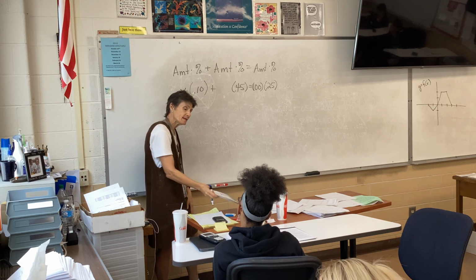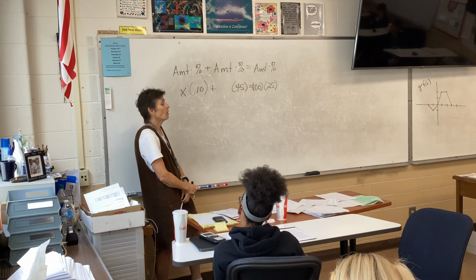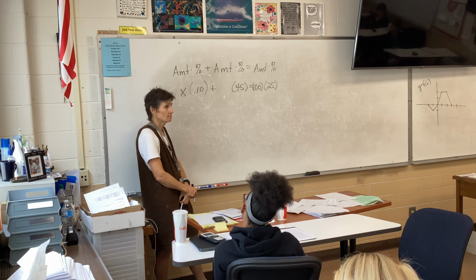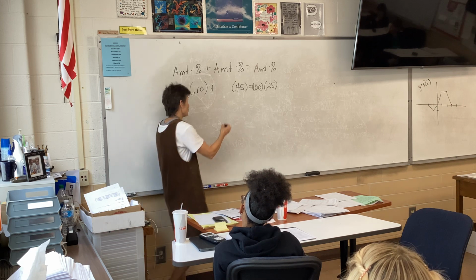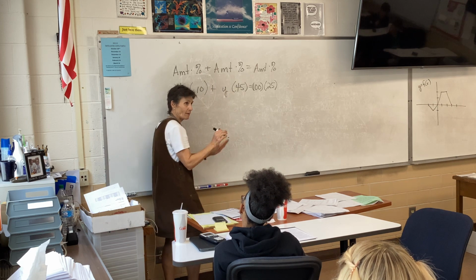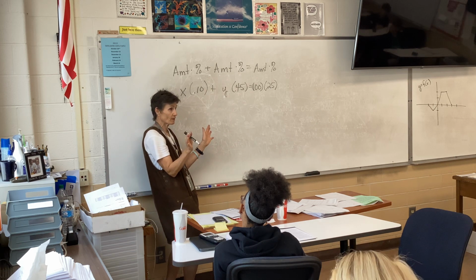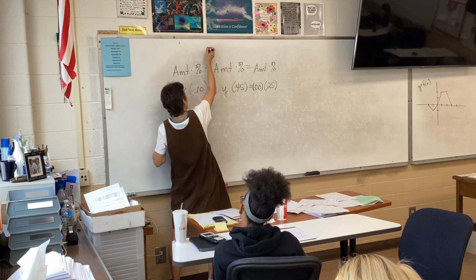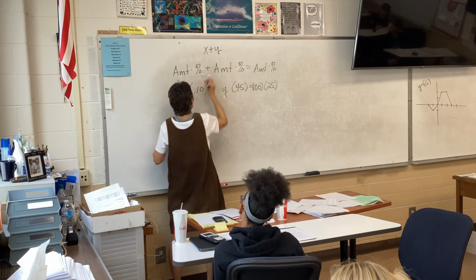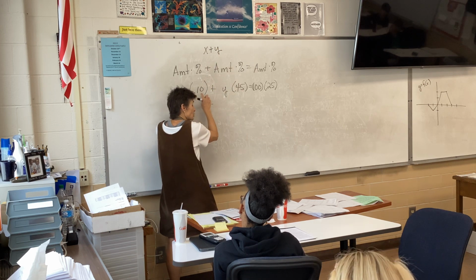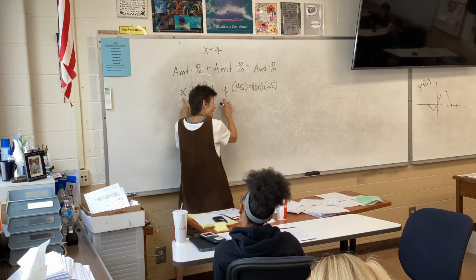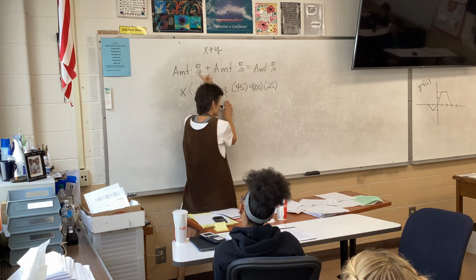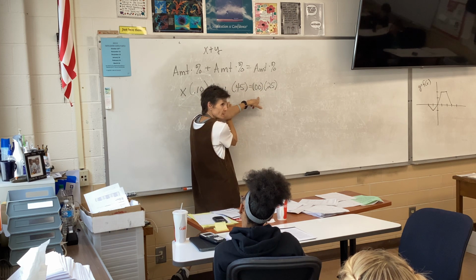So do you have an idea what I might call it if I can't call it X? Well, I could call it Y, but now I got a problem. I have a bunch of variables now. But what do you know about X and Y? What do you know about these two? Added together, don't they have to give you 100?